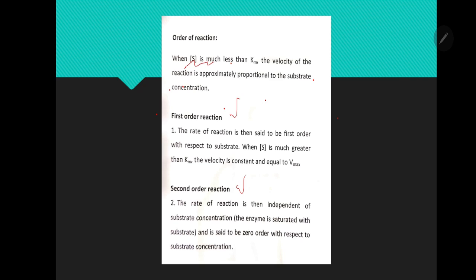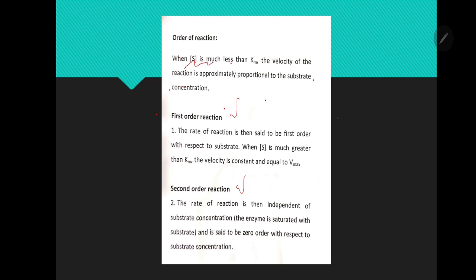What is first order reaction? When the reaction is first order with respect to substrate, when the substrate S is much greater than Km, the velocity is constant and equal to Vmax. So that will be known as the first order reaction.